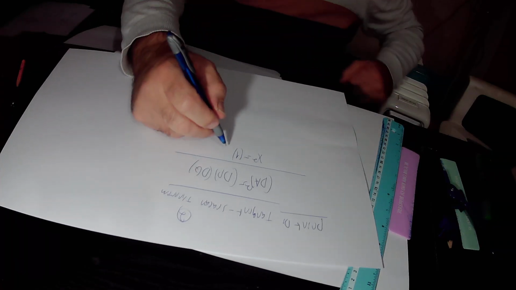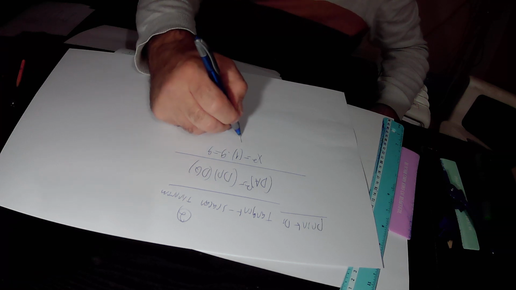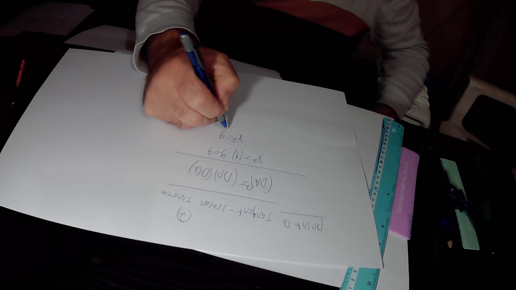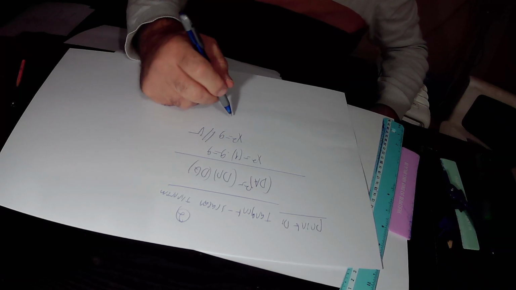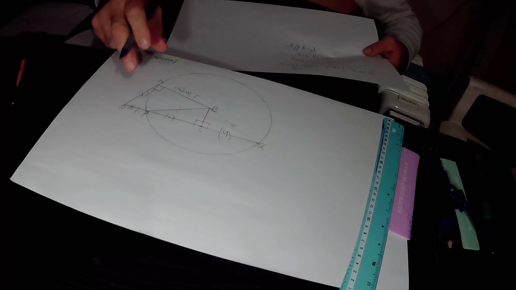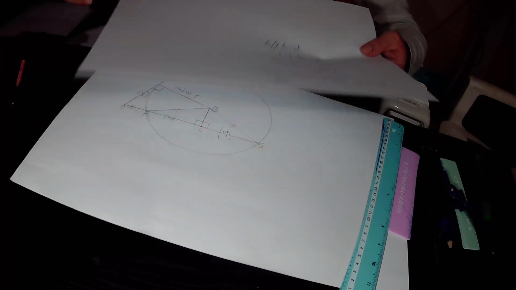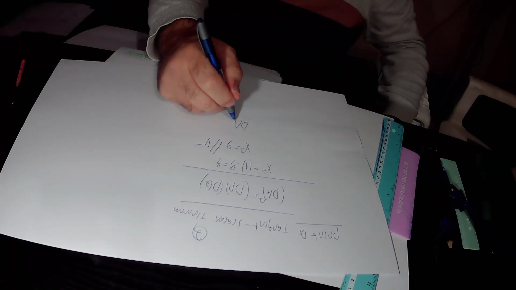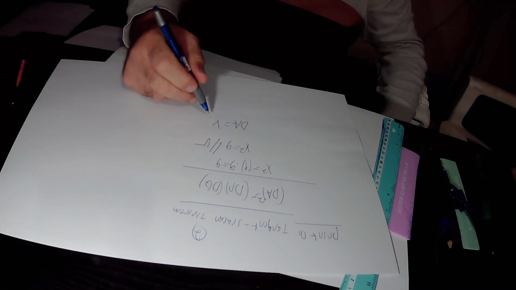So we found out that x squared equals 1 times 9, that is 9. X squared equals 9. Here we take the square root of this equation and find that the length of line segment DA equals x equals the square root of 9, that is 3.